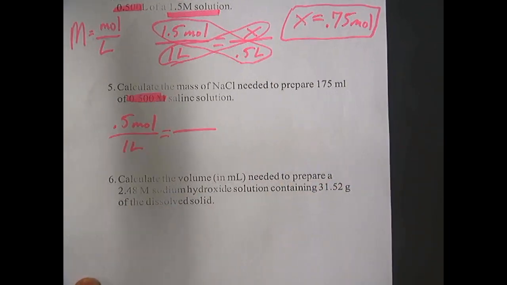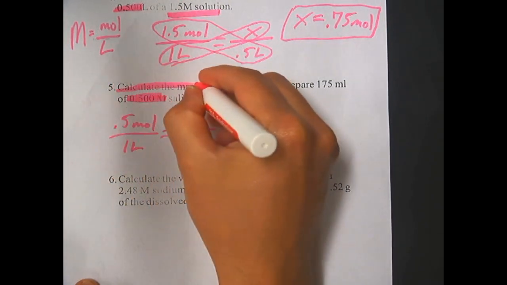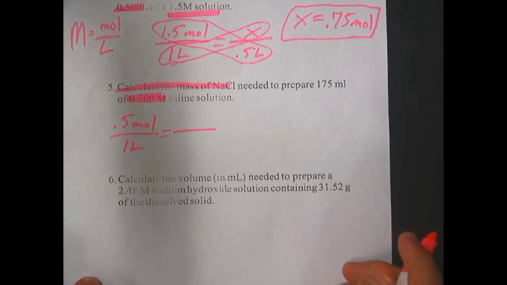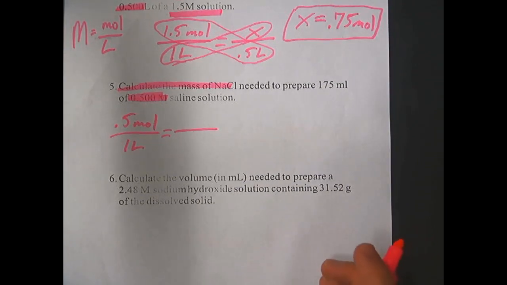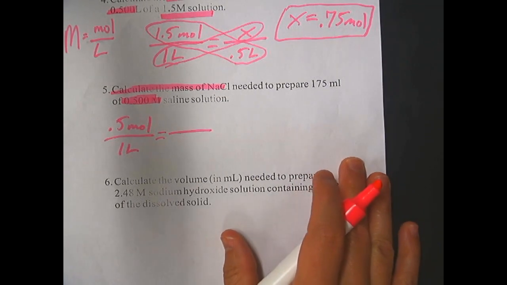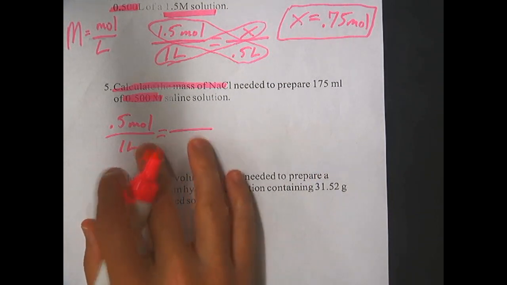I'm going to solve for what? What am I solving for here? Well, it says calculate the mass. Well, mass would indicate what unit? That's right, it indicates grams. So can I directly solve for what this question is asking for here?